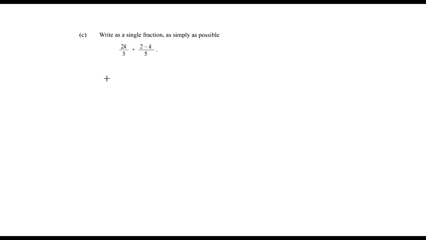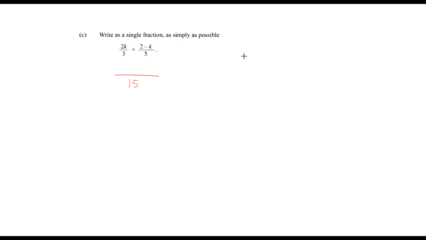Now in part C, we have write as a single fraction as simply as possible. So we have 2k over 3 plus 2 minus k over 5. So the first thing you need to do is to find the LCM. The LCM of 5 and 3 is 15. So we're going to say 3 into 15 is 5.